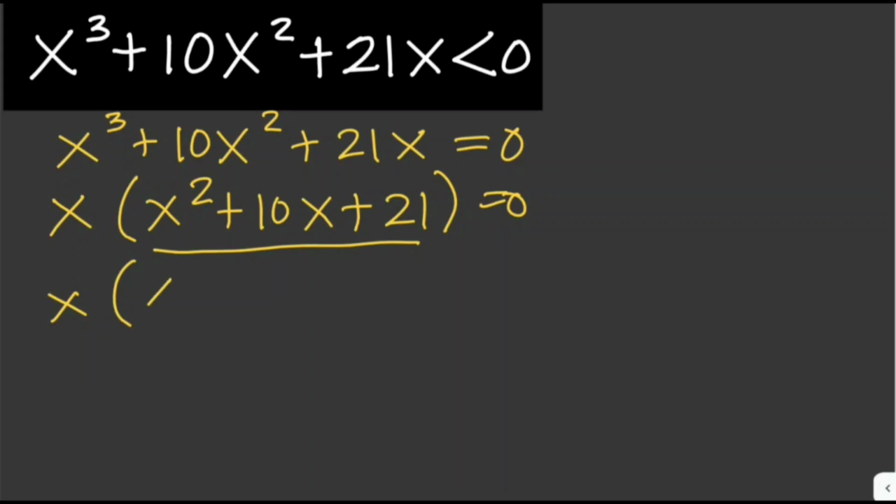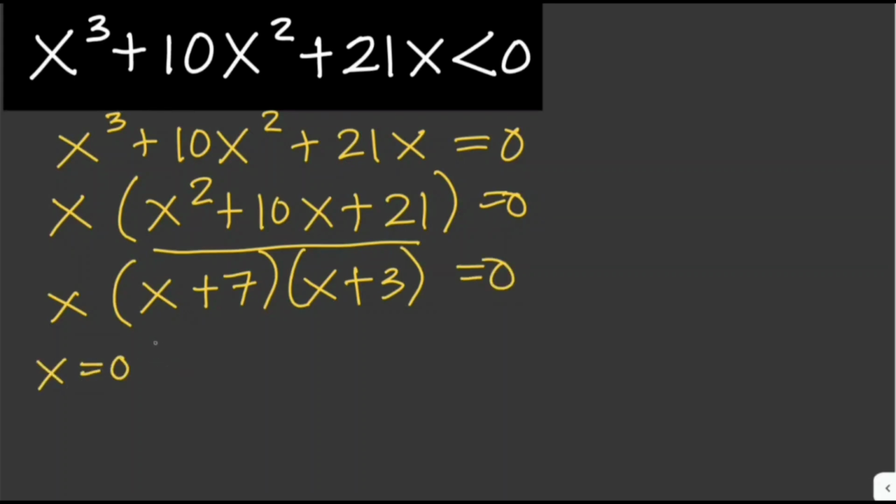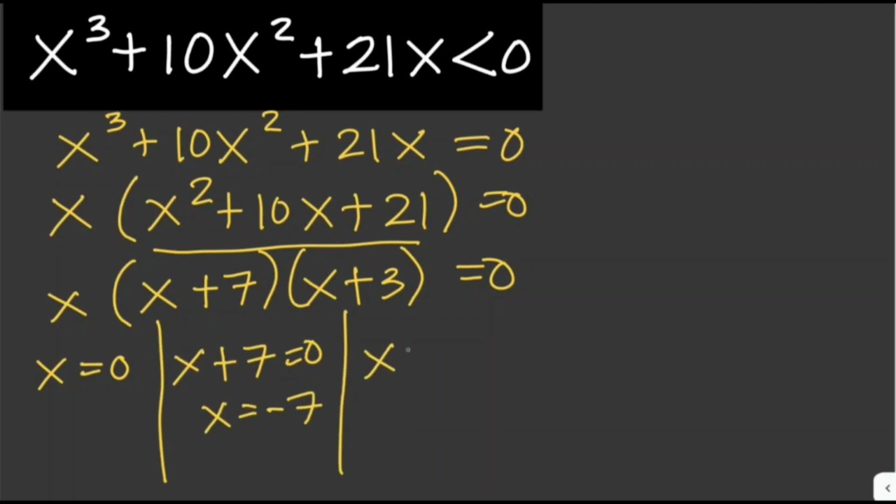So this is just x plus 7, x plus 3 equals 0. Therefore, the values of x would be 0, or negative 7, or negative 3. So we have 3 points here: 0, negative 7, and negative 3.